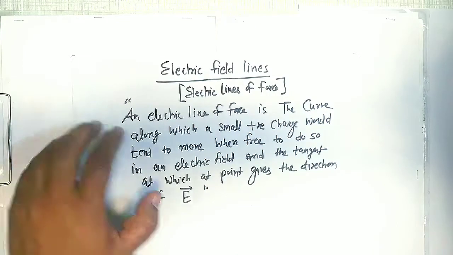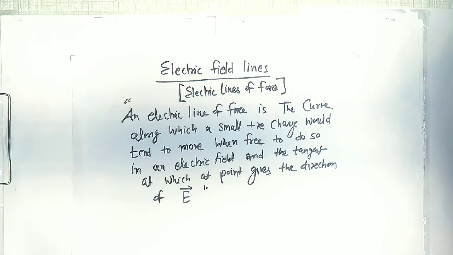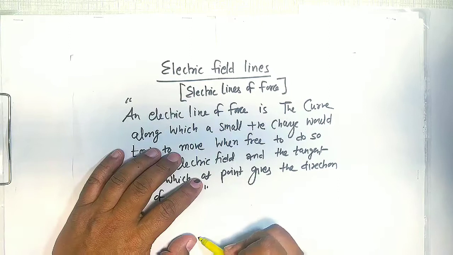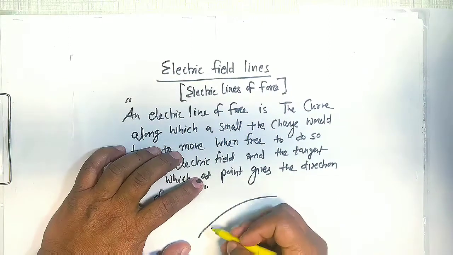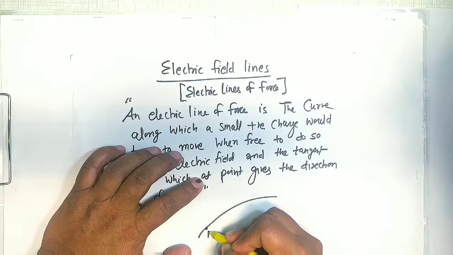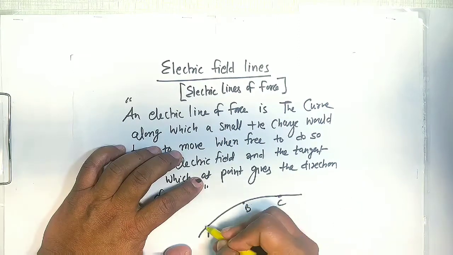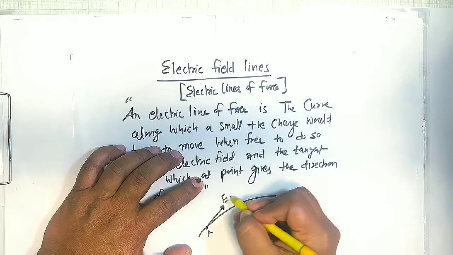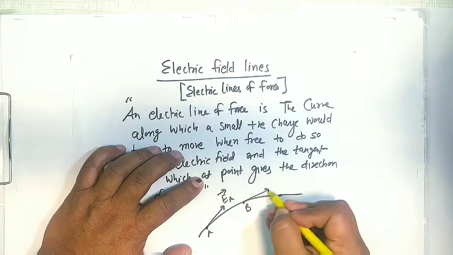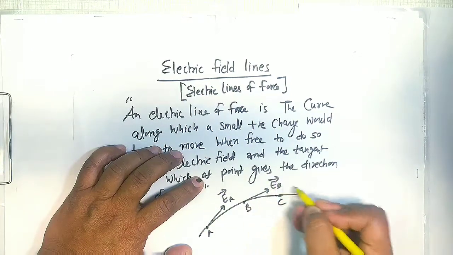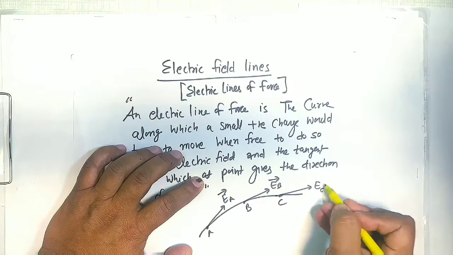Now if you see electric lines of force, the tangent at any point will be the direction. Say this is a line and there are points A, B and say C. So the electric field will be like this, EA tangential to the point, EB and then EC.